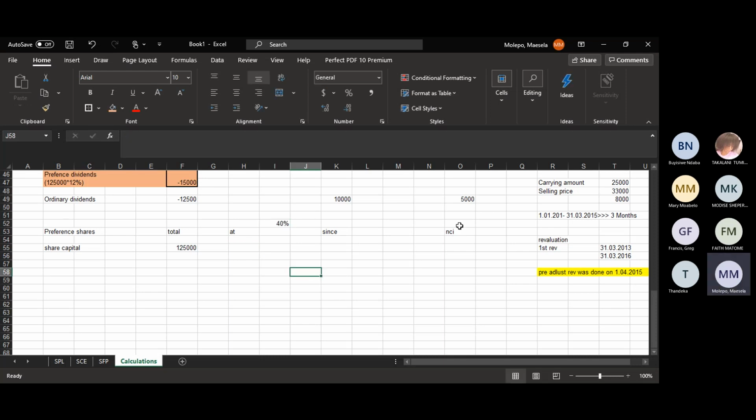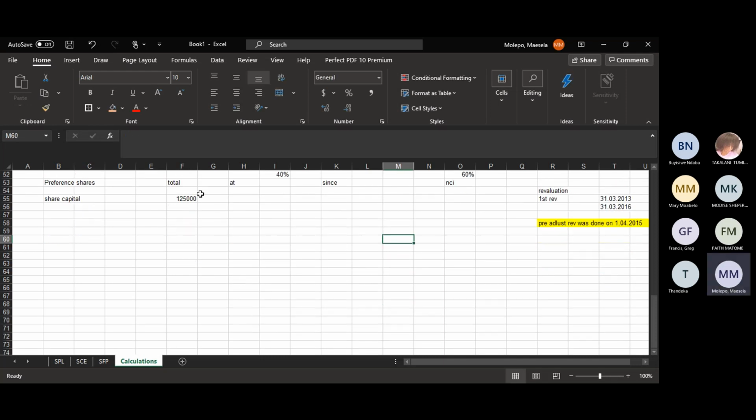And then NCI will be the 60%. So 125 times the 40% at acquisition gives me the 50,000. And then on the NCI, it gives me the 75. Is there anything to go there with regard to none? So we go to the totals.